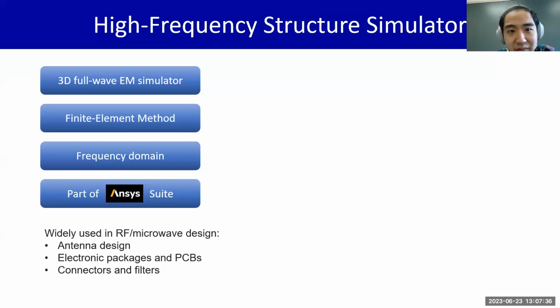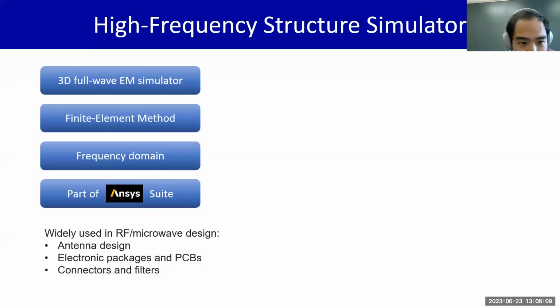HFSS stands for High Frequency Structure Simulator. It is software that does 3D electromagnetic simulation with a finite element method that solves Maxwell's equations in the frequency domain. HFSS is part of the ANSYS suite, which is compatible with other packages that ANSYS provides, like Maxwell.